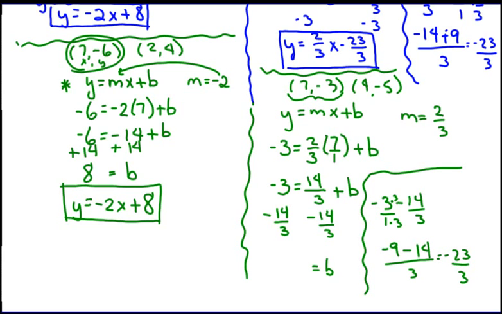And because I have my b, I can now use this formula by putting in the m, which is 2/3, and the b, which is minus 23/3, and that is exactly the same equation that I got by using the other method.